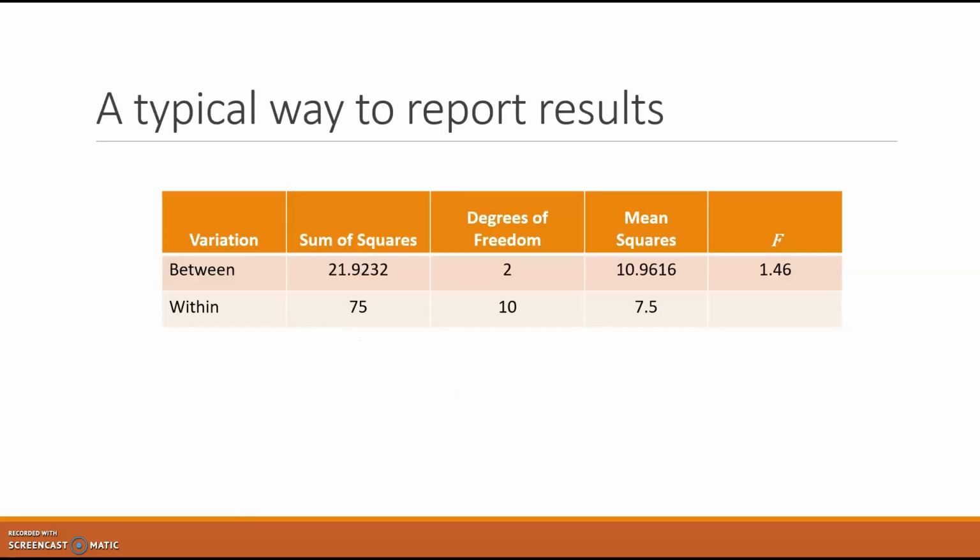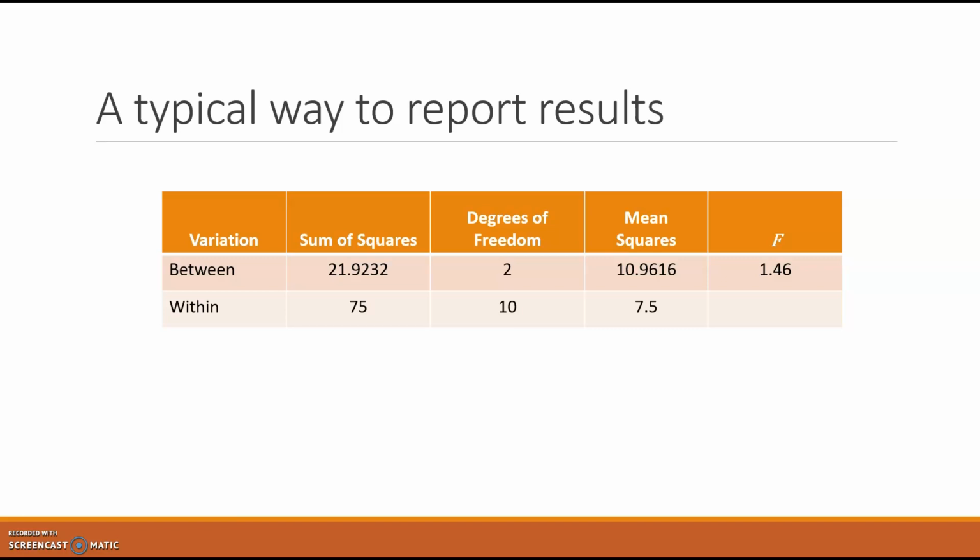This is something that you should probably get used to seeing for this class, because this is generally how results are reported. And this is actually also used in your homework, and it's used on the test. So, you do a little chart here where first you put between and within for your variation or variance. You do have the sum of squares there, the degrees of freedom.